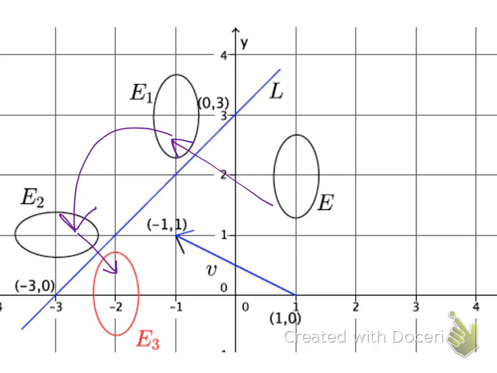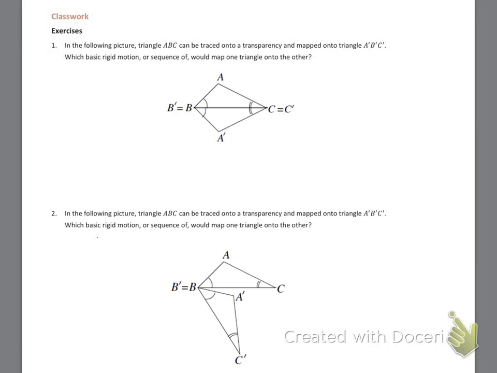All right, now we're going to look at some of the exercises that are in your notes. So let's look at exercise 1 together. We'll read it. In the following picture, the triangle ABC can be traced onto a transparency and mapped onto triangle A prime, B prime, C prime.